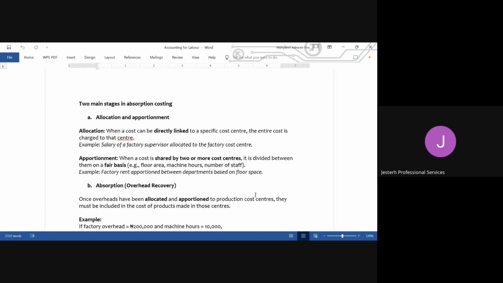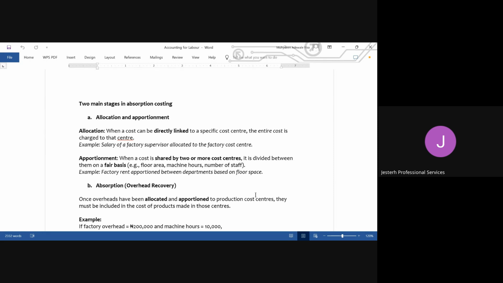Now, you decided to allocate costs to those cost centers based on the supervisor that is allocated to that particular cost center.